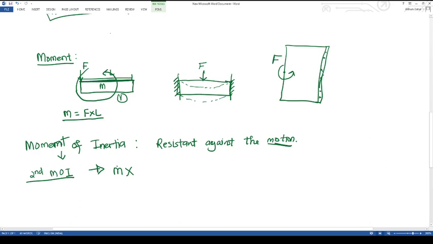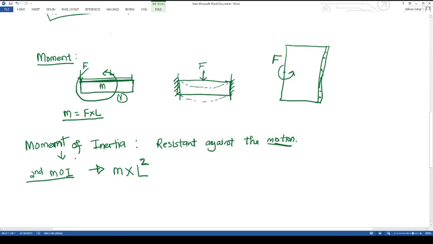So product of mass times the distance L from its axis, squared. So distance squared. So it will be equal to m into L square, where m is the mass of the product and L is the distance from the axis.